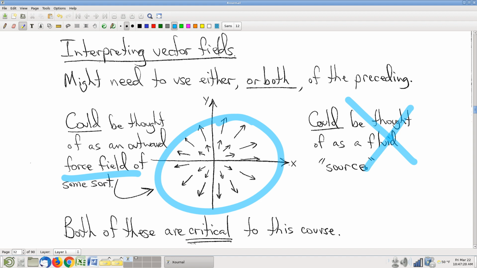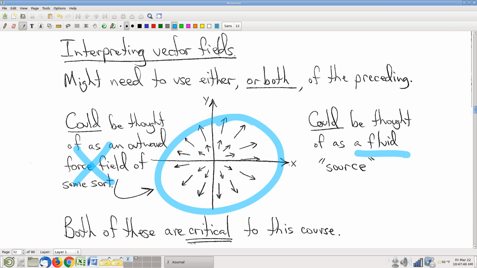So you've got to get on board with the idea of thinking of vector fields from the point of view of forces. And there are other things that we're going to do that require thinking of the vector field from the point of view of fluids. If you insist on thinking of vector fields from the point of view of forces, it's not going to work. It just doesn't make any sense.